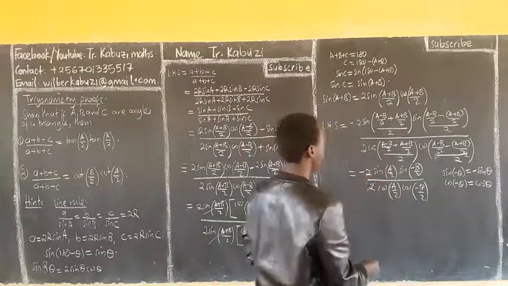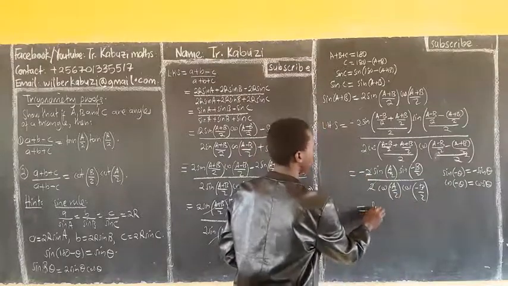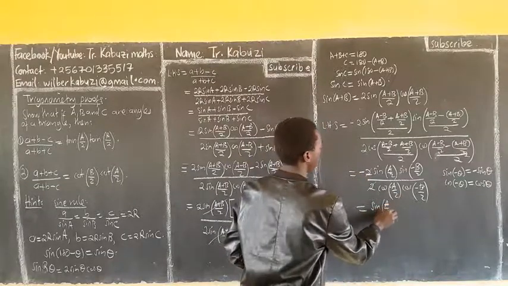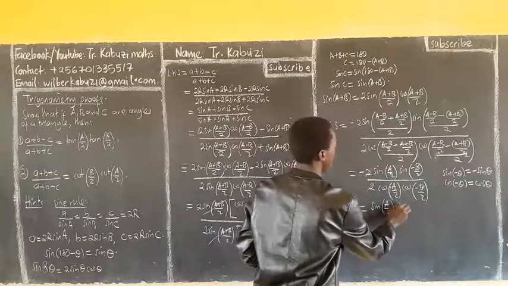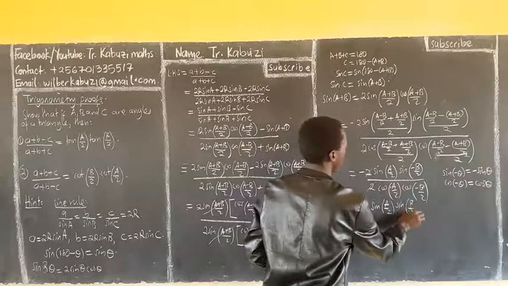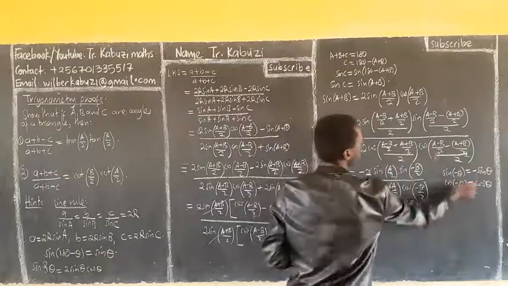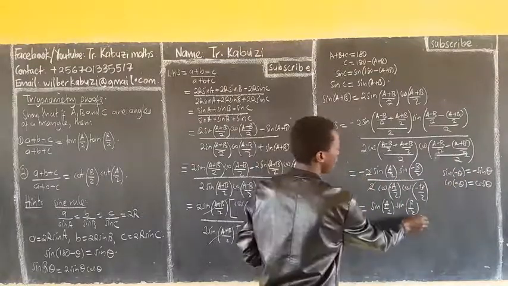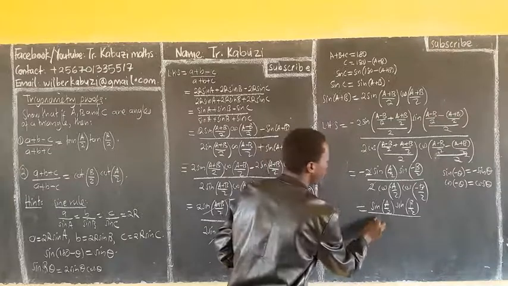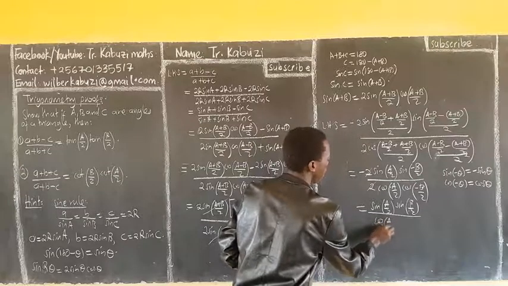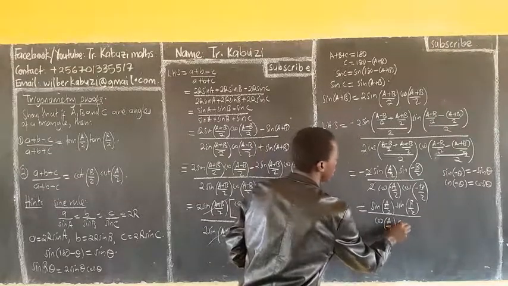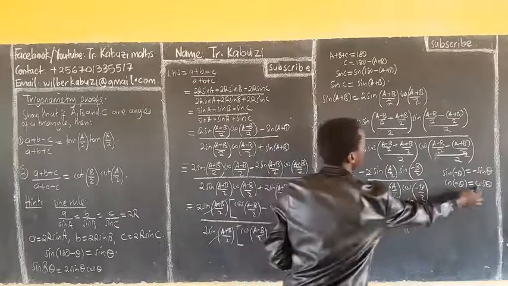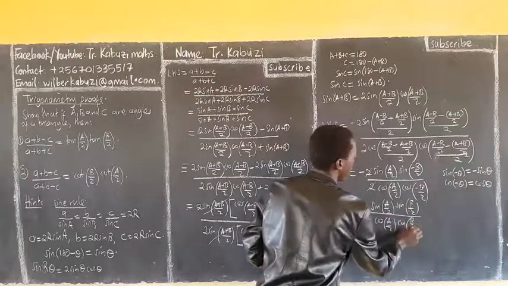So this is going to be now sine a over 2, then sine b over 2. I'll remove this negative out using this property. So this negative cancels with this negative to give you a positive. Then over, now we have cos a over 2. Then cos of negative b over 2, the same as the positive, b over 2.